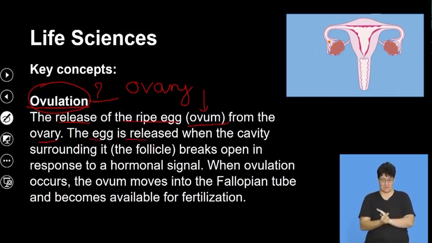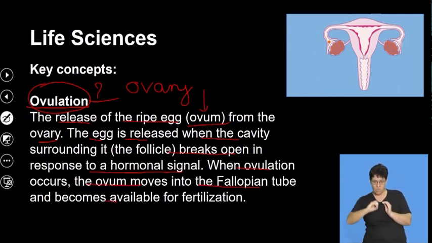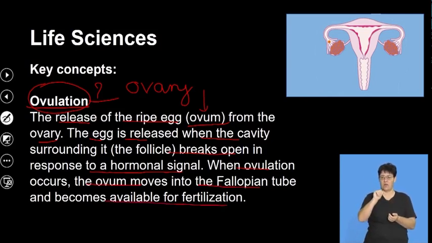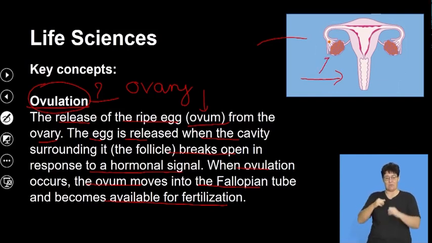The egg is released when the cavity surrounding it breaks open in response to hormones that are released. When ovulation occurs, the ovum moves into the fallopian tube and becomes available for fertilization. As you look at my diagram here, a recap of the female reproductive system, we can see the ovaries situated in that space there.